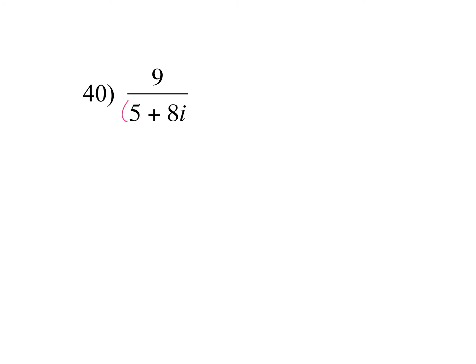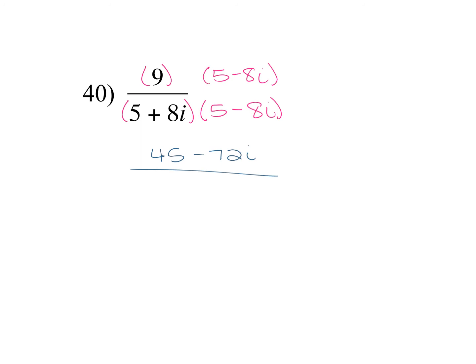Again, we're going to put parentheses around the denominator. I'm going to put them around the numerator too, just because that's the habit. We're going to keep the 5, change the sign to a negative, keep the 8i. Since we're multiplying the bottom by that, we're going to multiply the top by the same thing. So this is going to give us 9 times 5, which is 45. 9 times negative 8i is negative 72i.